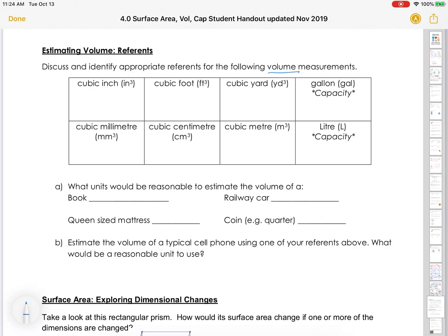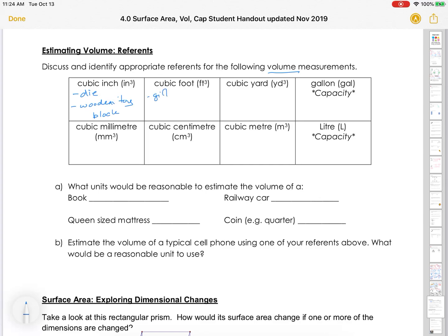So volumes are a little different because it's cubed. A cubic inch. So we want to think of something that's 1 inch by 1 inch by 1 inch. Maybe a dice. Okay. Or a wooden toy block. Okay, getting a sense of that.